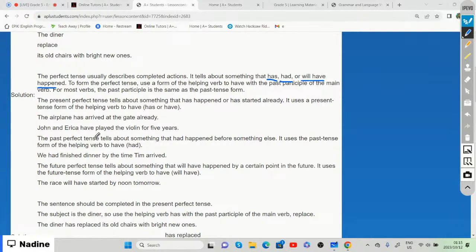So the present perfect tense tells about something that has happened or has already started.